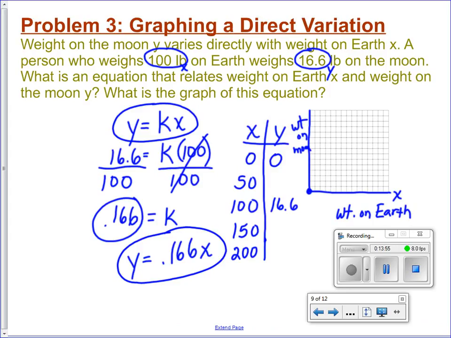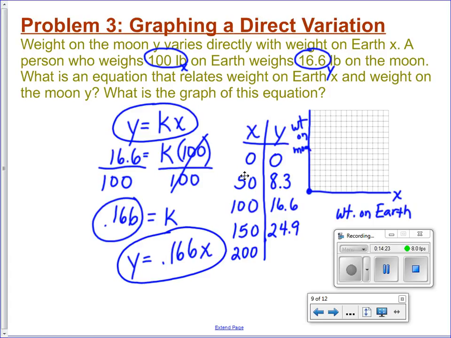So, substituting 50 in for the x, we're going to take 0.166 times 50, and we get 8.3 pounds on the moon. Taking 0.166 times our 150 pounds, we get 24.9 pounds on the moon.